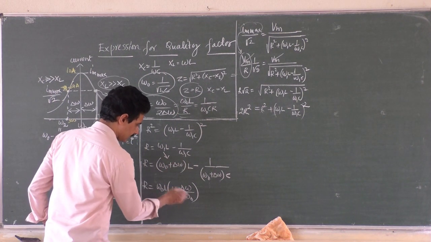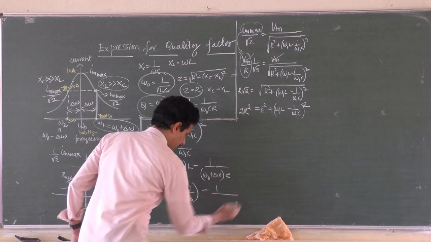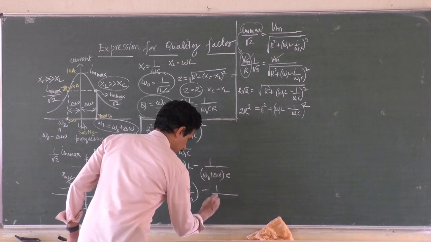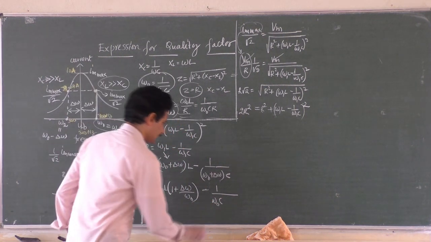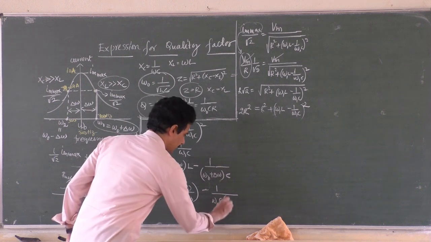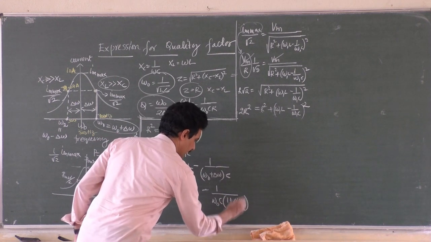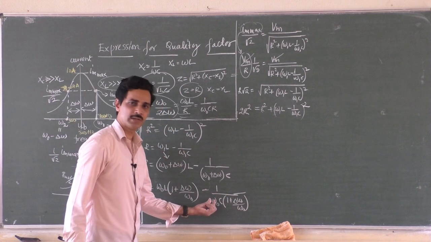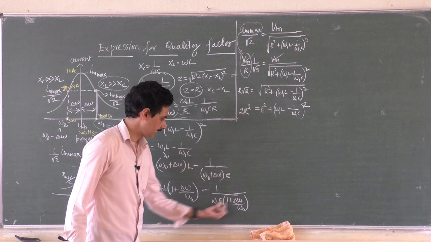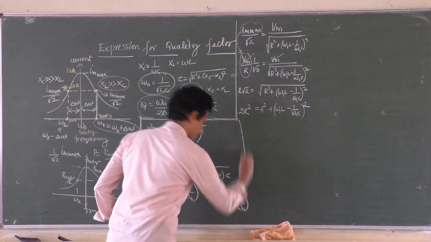Omega naught plus this cancels, delta omega. Minus here also, minus 1 by omega naught C into 1 plus delta omega by omega naught. Hope you have followed. C is however outside. Omega naught, you bring it inside. Omega naught plus this cancels delta omega. That step is over.